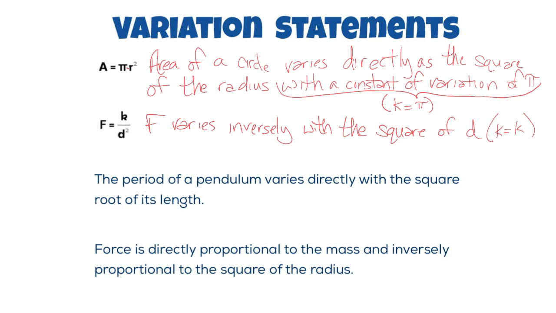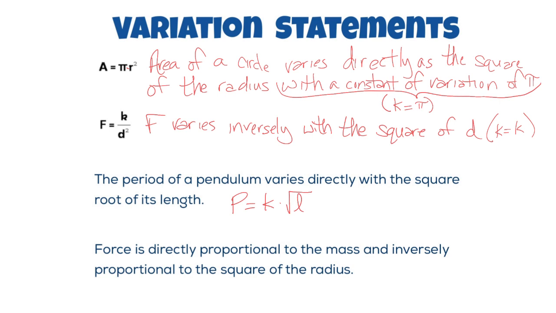Okay, hopefully you have the period, so I'll call that P, of a pendulum varies directly, so equals k times the square root of its length. Usually we'll do a cursive L for that, but you could do a capital L. Don't really want to put just something that looks like a 1.